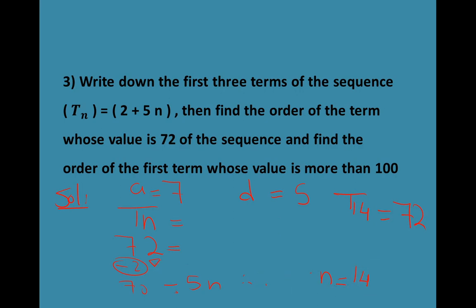Here Tn equals A plus n minus 1 multiplied by d.